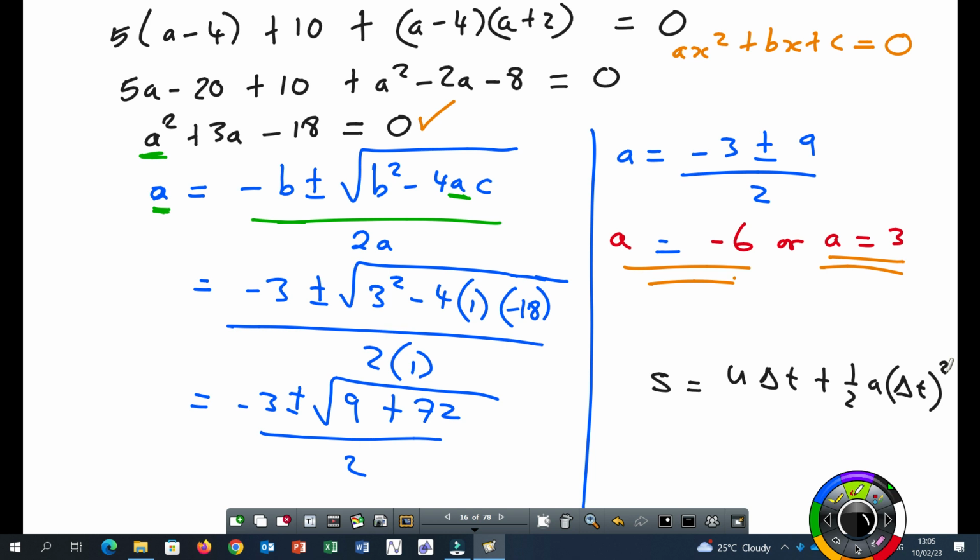Depending on what you would want to calculate, let's say the displacement is 0 and then you have got your delta T, you're going to calculate the initial velocity and all that. You can do that. It's a quadratic. That's why the graph of this is parabolic.